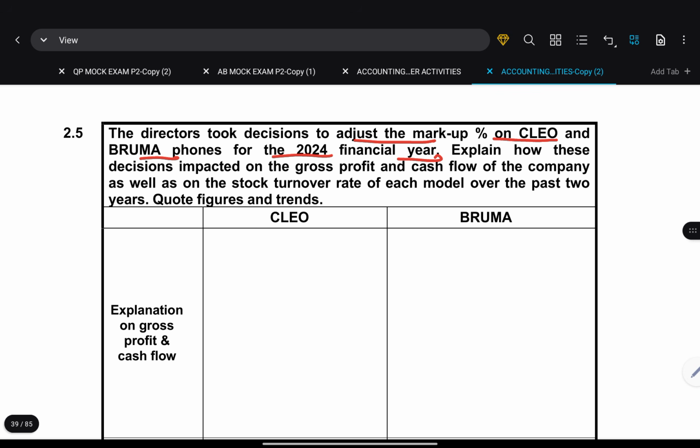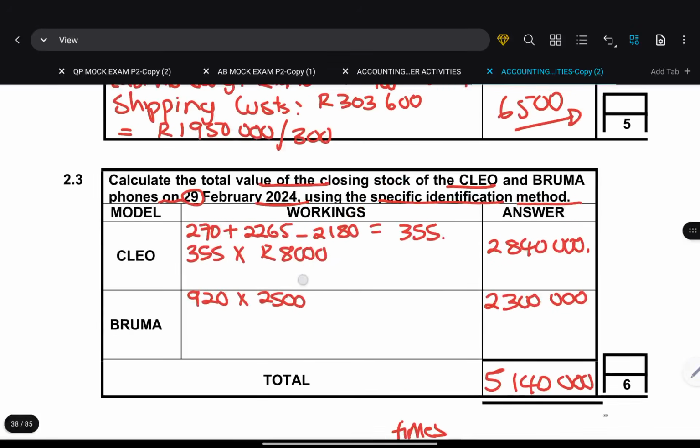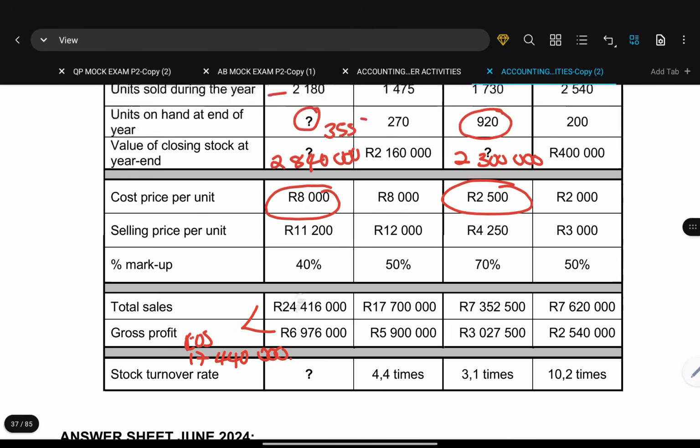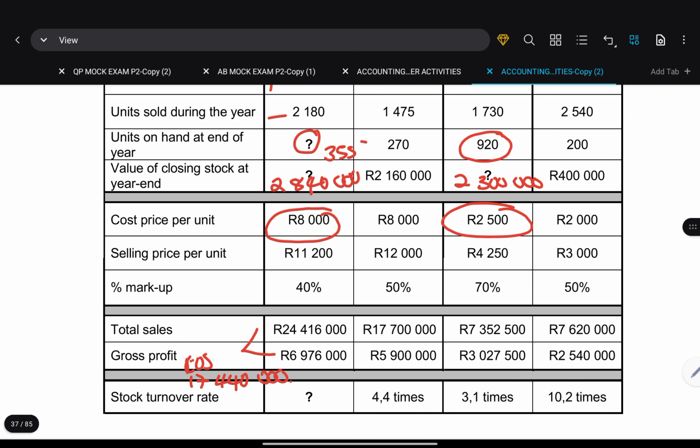So what we need to do here, guys, is a comparison. Number one, we are going to look at the gross profit. We need to check whether it increased or decreased, because that's how we are supposed to answer it.